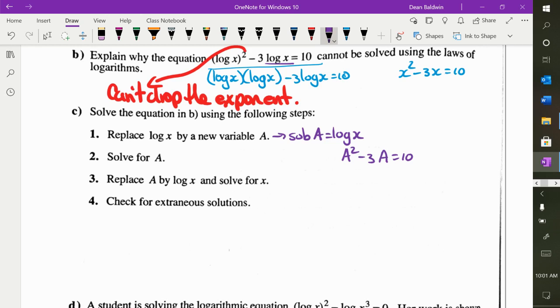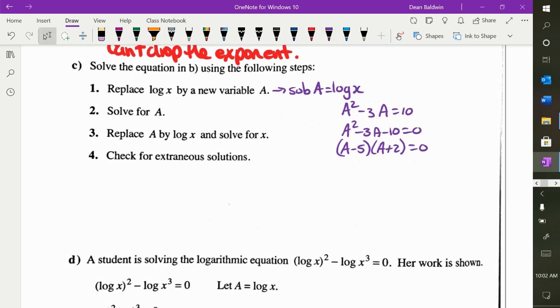All right? That is a quadratic. How do you solve a quadratic? You get everything to one side, and then you solve the x-intercepts, factor. So what multiplies to negative 10 and adds to negative 3? There we go. Okay.